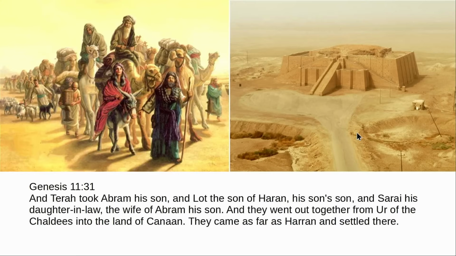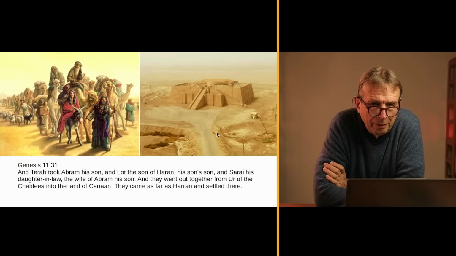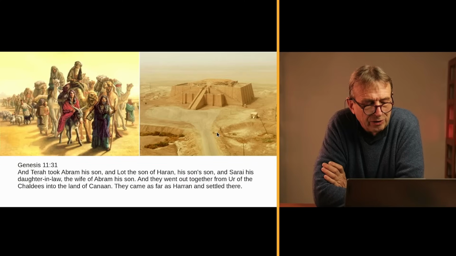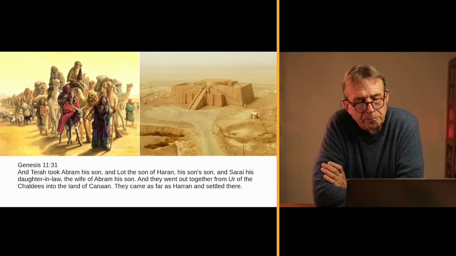Now, I'd like to talk about Abraham, or Abram, as he was first called. There's an extract in the Hebrew Bible, what we call the Old Testament, in Genesis chapter 11, verse 31.